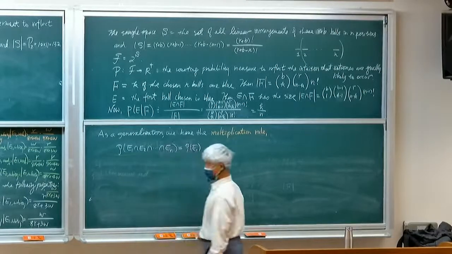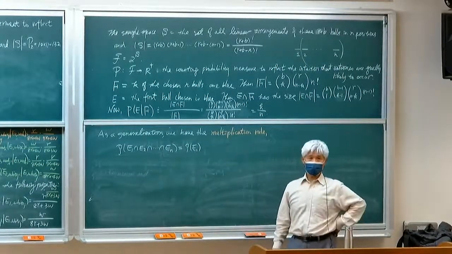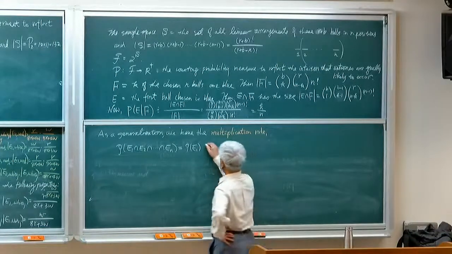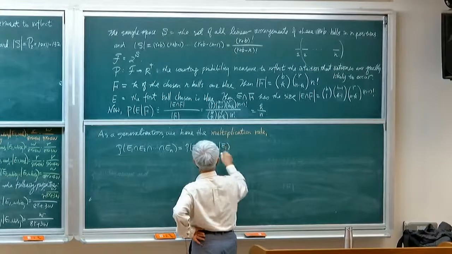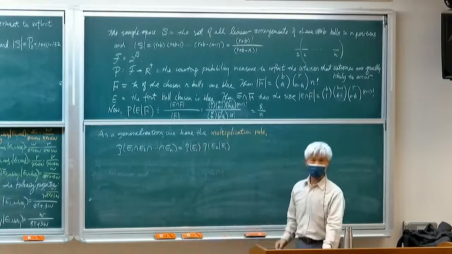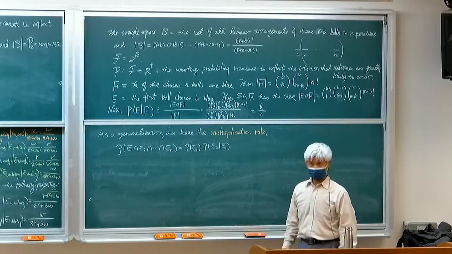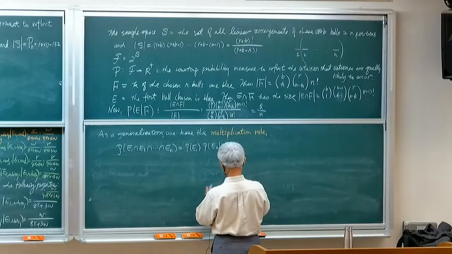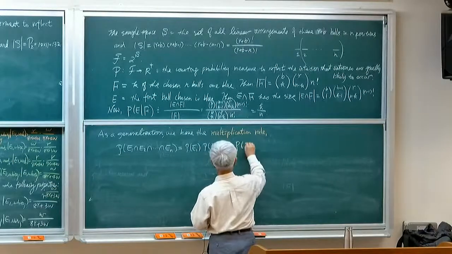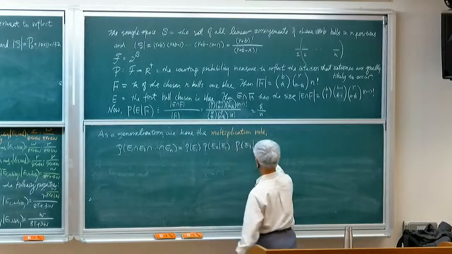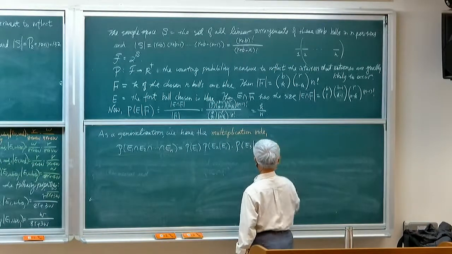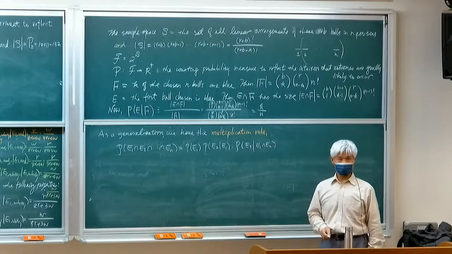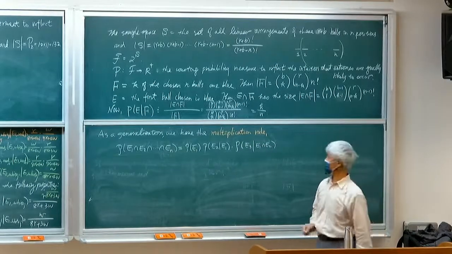First of all, you find the probability of event number 1, and then you find the conditional probability of event number 2 given event number 1, and times the probability that event number 3 given that event number 1 and event number 2 have occurred simultaneously. Right?